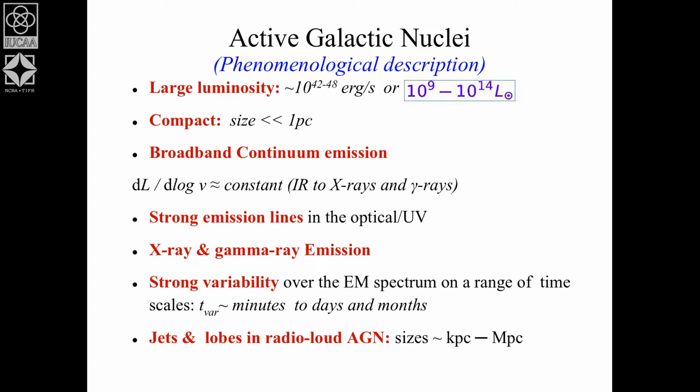The variability time scale can range from minutes to days and months, of course. And the radio loud AGNs, of course, have the jets and lobes. I'm not going to discuss them in detail because you already have a talk. These jets and lobes can have very large sizes, from kiloparsec up to megaparsec scales, etc.